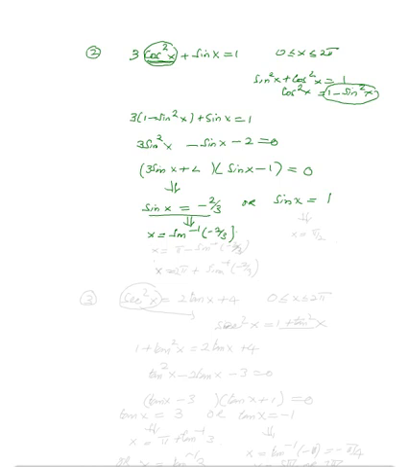So the first solution is basically x equals pi minus sine inverse of negative 2/3, and the other solution is x equals pi plus sine inverse of negative 2/3.